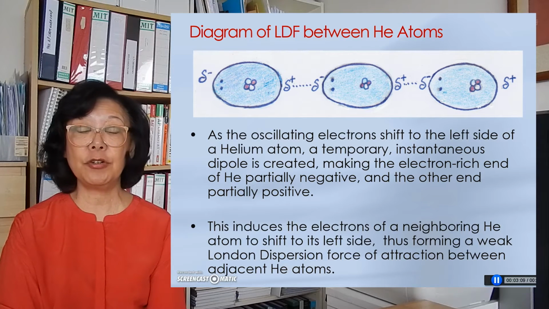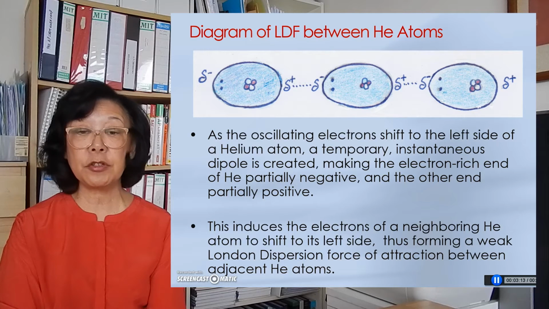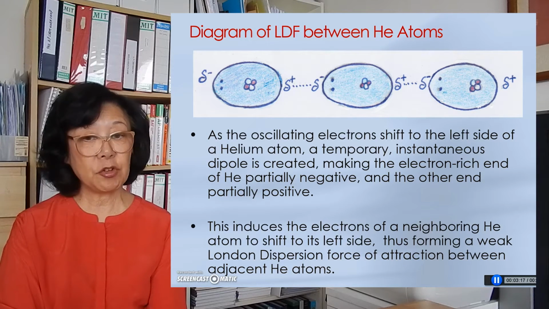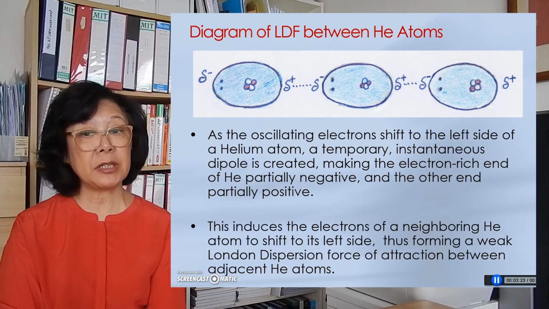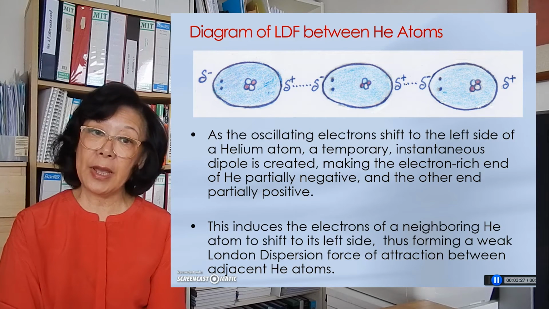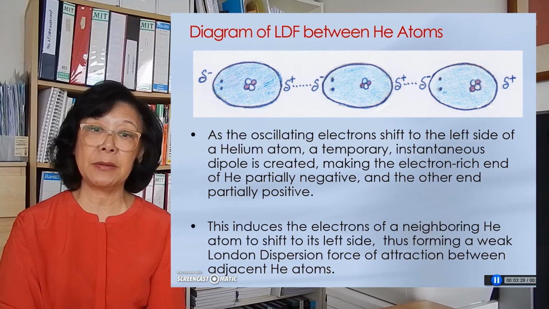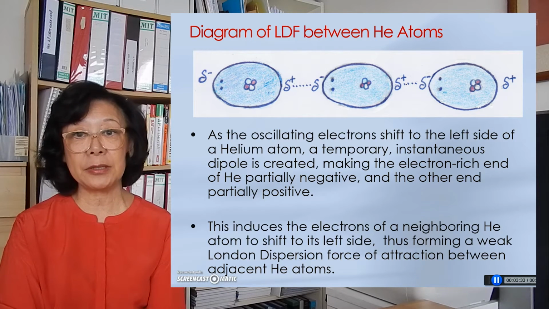And that induces the electrons of a neighboring helium atom to shift to the left side, therefore forming a weak kind of attraction called London dispersion force between adjacent helium atoms, as you can see represented by the dotted line between the relatively positive end of one helium atom and the relatively negative end of another helium atom.